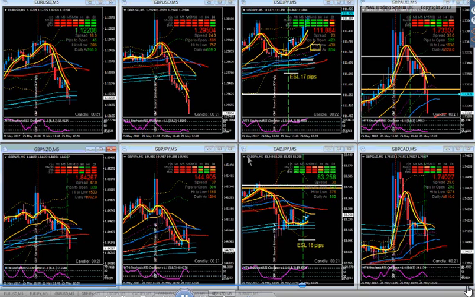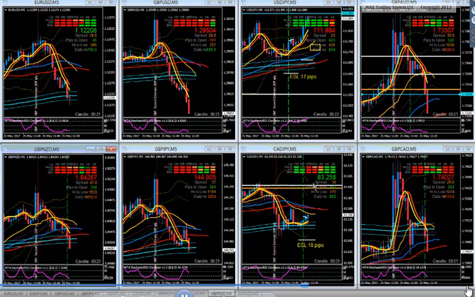So let me repeat. Let's suppose today we have an upward bias for the US dollar and a downward bias for the pound. Then for a pair like the US dollar yen, I would consider only long trades, and only short trades with a pair like the pound US dollar, or any pair with the pound as the base currency.